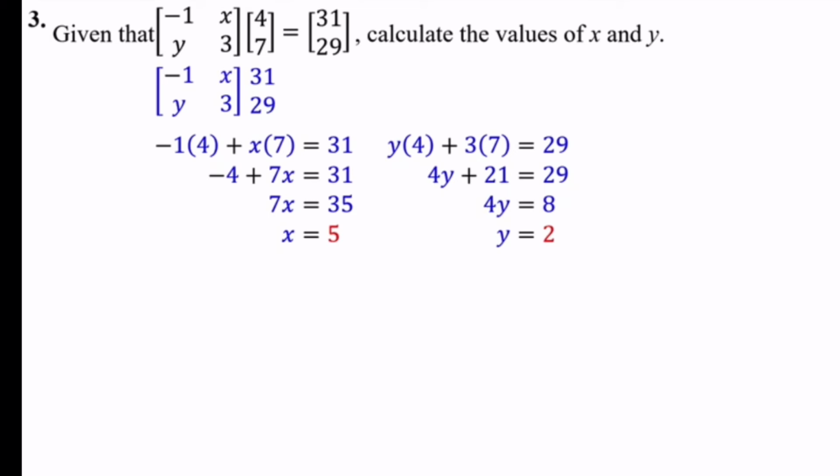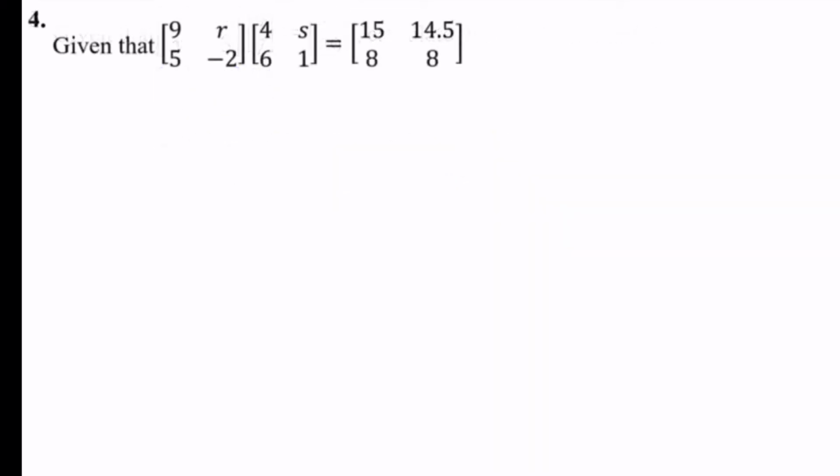Okay, so we have solved question number 3. Let's go to number 4. We have two matrices multiplied and the product of the two matrices. Now let's copy down the matrix [9, R; 5, -2] and then [4, S; 6, 1]. So now we lower the matrix.